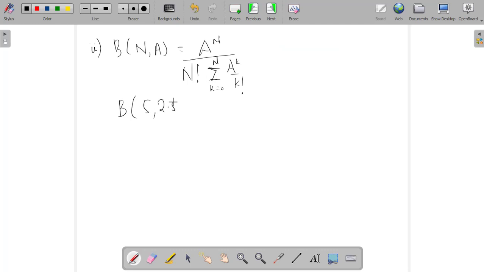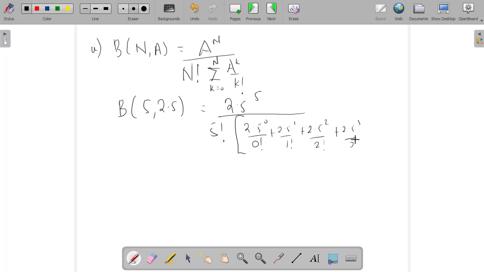So we're going to have 2.5 to the power 5 divided by 5 factorial, over the summation: 2.5 to the power 0 divided by 0 factorial, 2.5 to the power 1 divided by 1 factorial, 2.5 to the power 2 divided by 2 factorial, 2.5 to the power 3 divided by 3 factorial, 2.5 to the power 4 divided by 4 factorial, and finally 2.5 to the power 5 divided by 5 factorial.